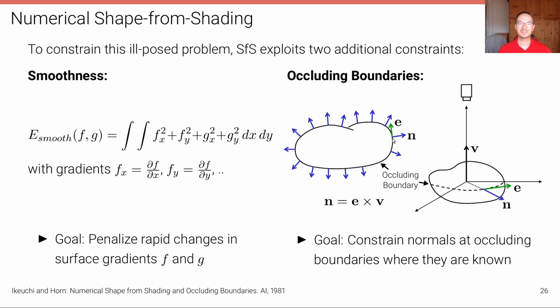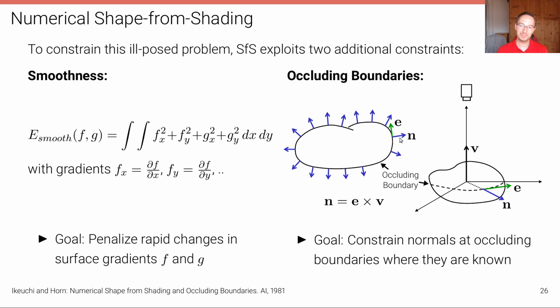What we know is that at the boundary, the surface normal must lie in a plane that is orthogonal to the viewing direction. Otherwise, it wouldn't be an occluding boundary. We assume that the surface is smooth, and at some point it reaches a 90-degree orientation, so it's directly becoming parallel to the viewing direction, such that the object ends at this point.